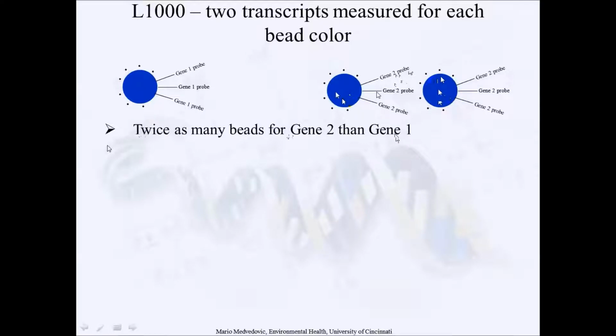So now it's not only that the information about the fluorescence intensity of each of these beads is important, but also the counts are important, because that's going to help us resolve which gene was actually measured, because we cannot recognize the two genes just by looking at the color of the bead.